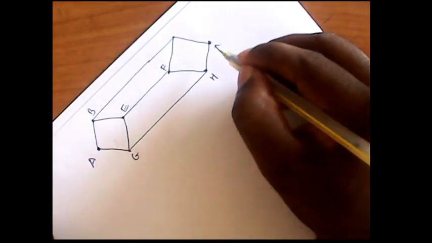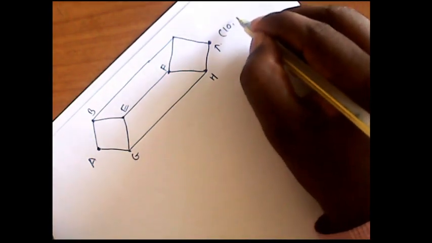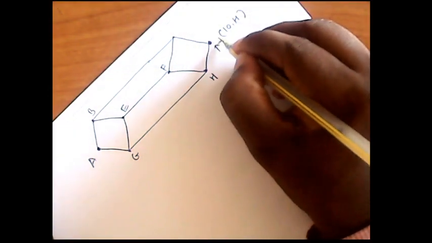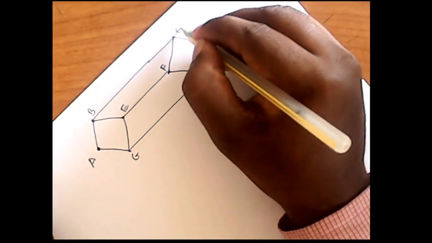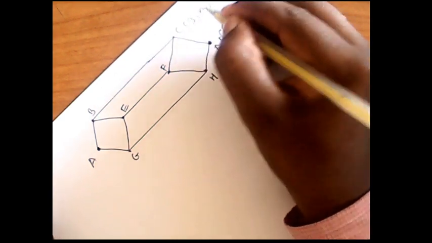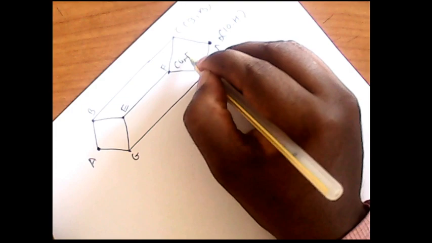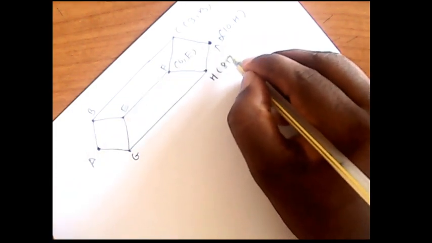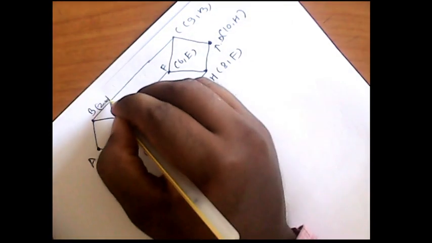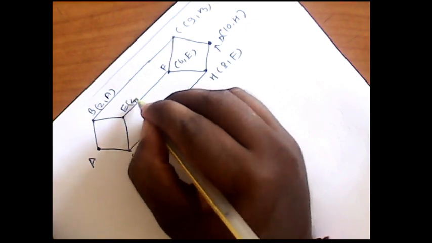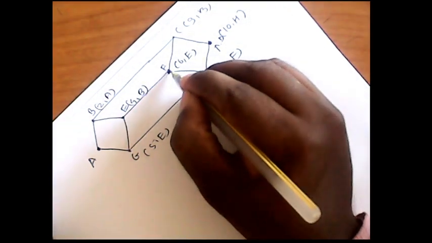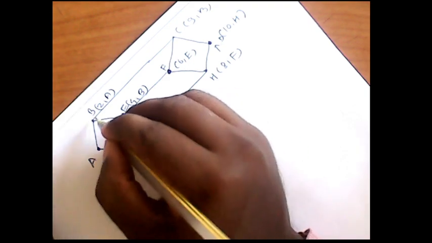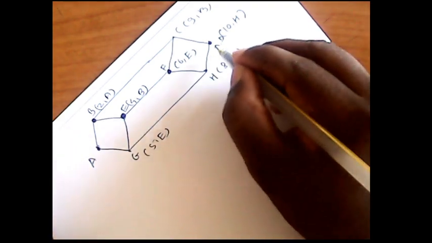So which is 10 comma H. This is D, and this is the C node, that is 9 comma B, 6 comma E, 8 comma F, 5 comma E, 2 comma A, 4 comma B. So these are my permanent nodes which are circled dark, and this is step number 7.